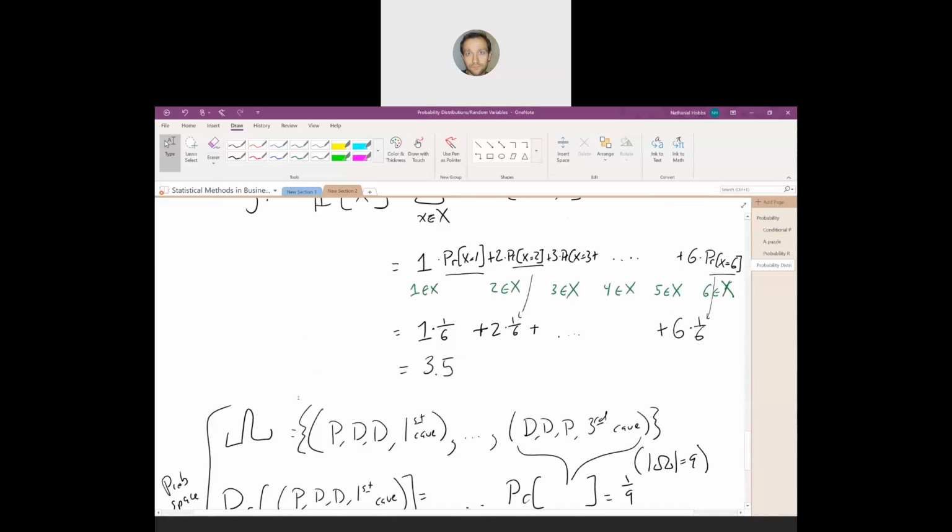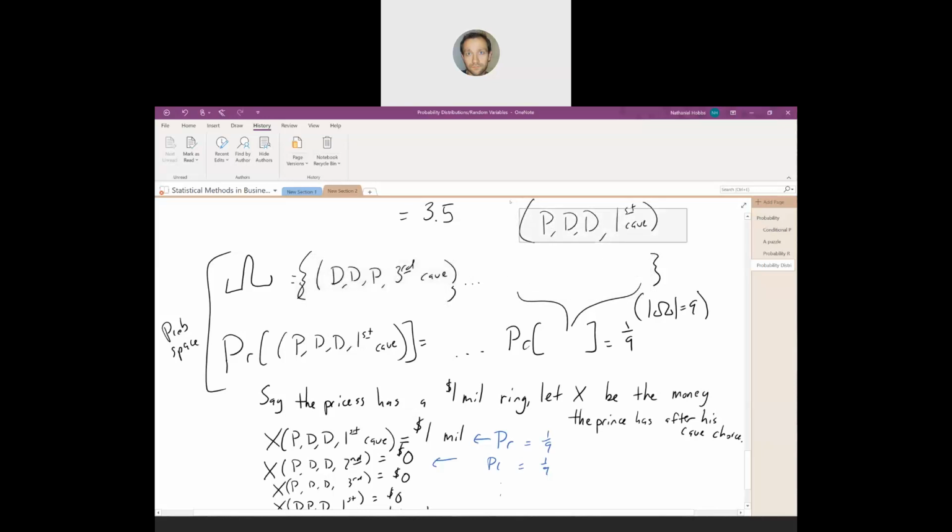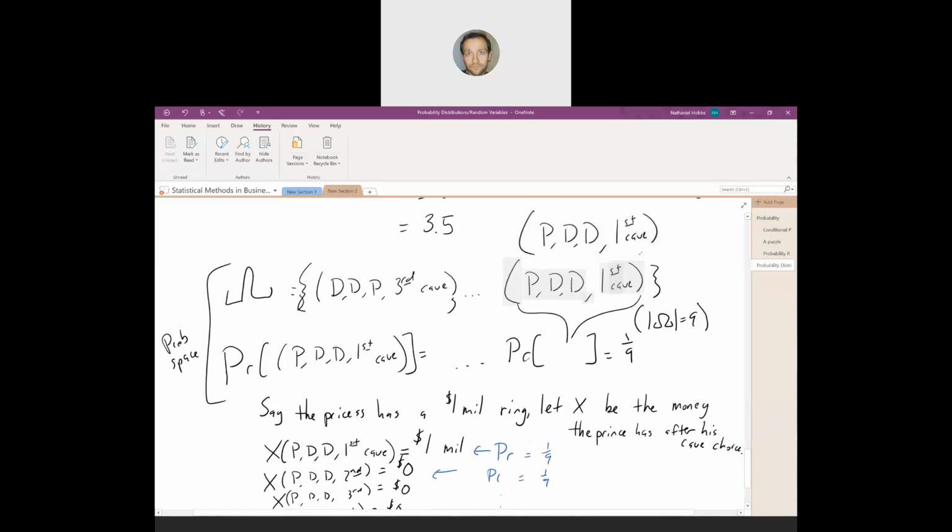I mean, in this set of outcomes, would it matter if I took this one and put it here at the end and took this one and put it at the beginning? Yeah, it's the same set of outcomes. So order in sets doesn't matter. You can order them, fine, but it doesn't change anything.